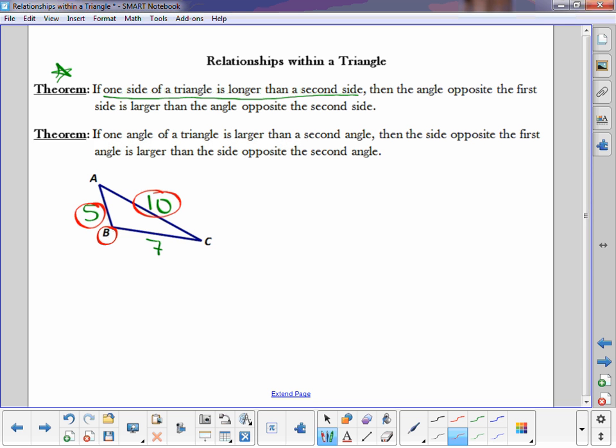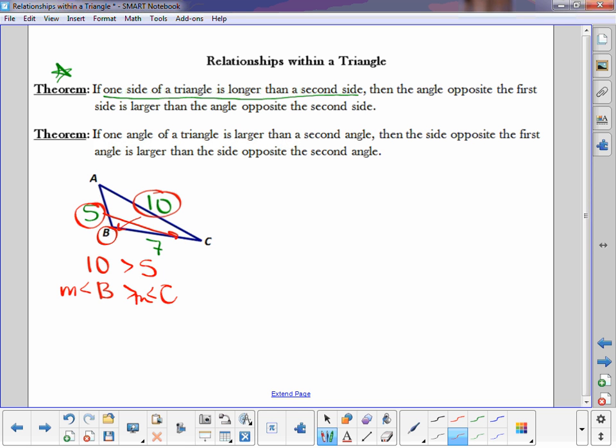What is the angle opposite of 5? C. So since I know that 10 is bigger than 5, the angle opposite, angle B, will be bigger than the angle opposite of 5, which is angle C. Alright, now we usually write in measures here, but this is just a quick little example.